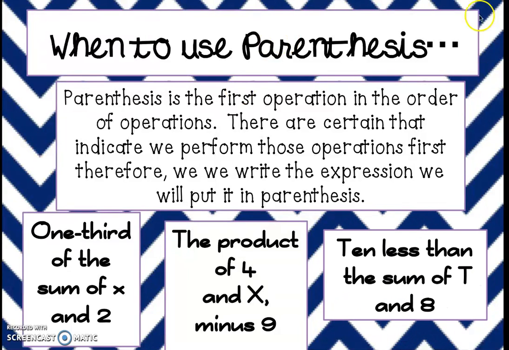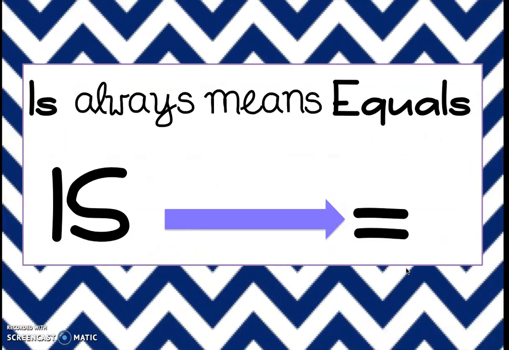Product, the sum, difference, quotient, and we also talked about the word quantity. The word quantity says find this answer first and then do something to it. So we have answer words like sum, difference, product, quotient, and the word quantity tell us that we're going to be using parentheses. Okay. Also, is always means equals.